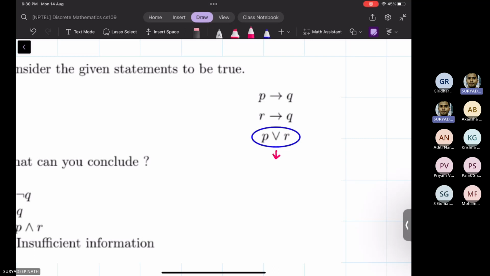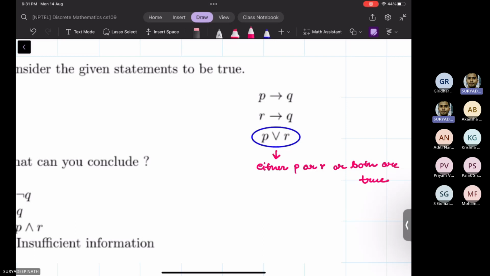Can anyone say when this statement will be true, P or R? When either of them or both of them are true. Right, very well. So it means that either P or R or both are true.